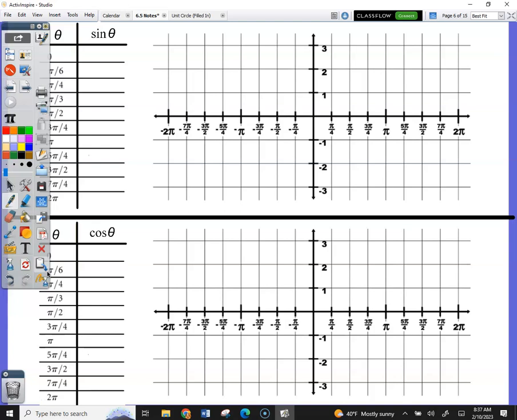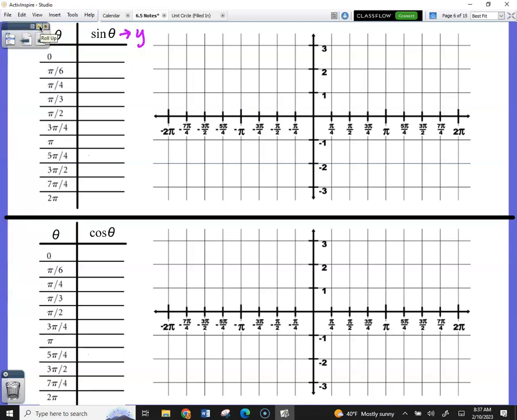Sine means look at what? Sine means look at the y on the unit circle. Okay, find 0 pi. What's the y? Find 0 pi on your unit circle. And what is the y coordinate there? 0.